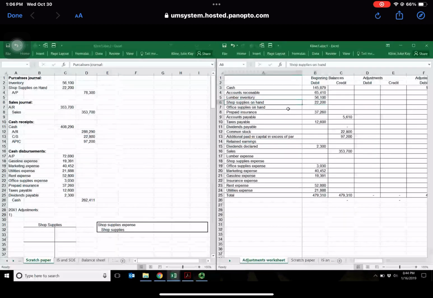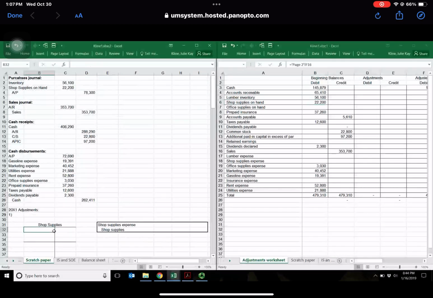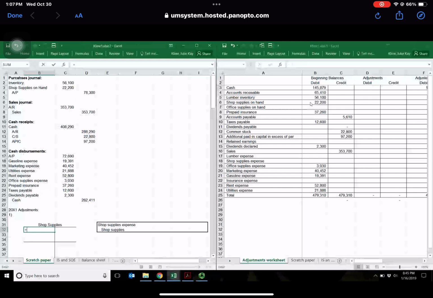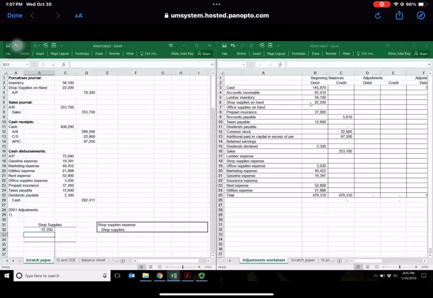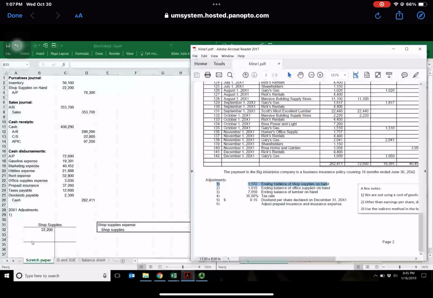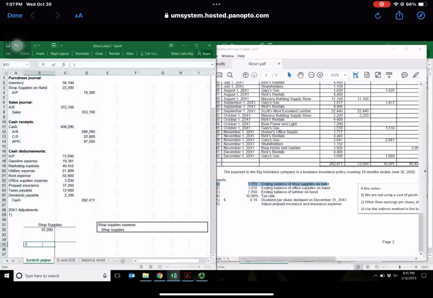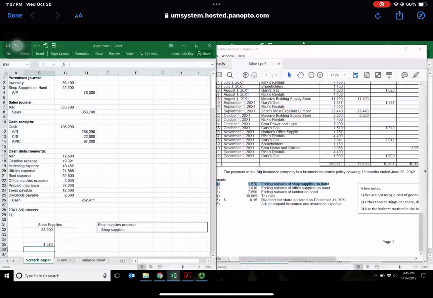Shop supplies on hand before any adjustments, I pulled straight from my worksheet, is sitting at 22,200. In my problem, I was given that the ending balance in shop supplies is 1,570. So I just need to make an adjustment.